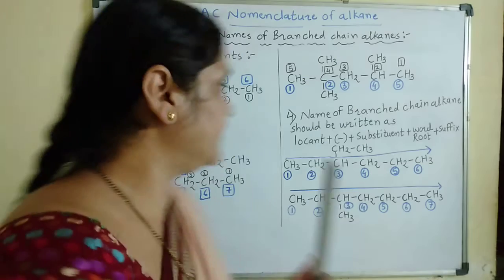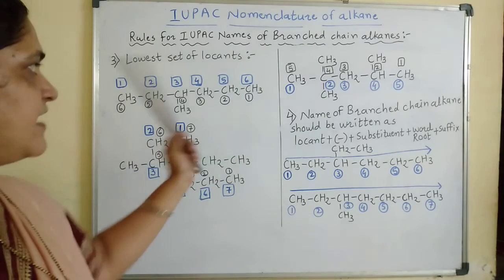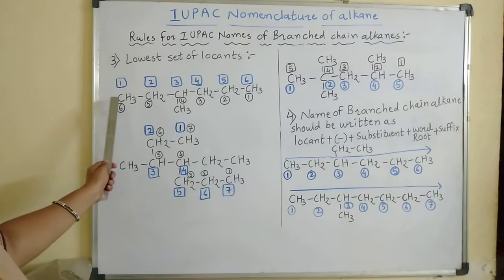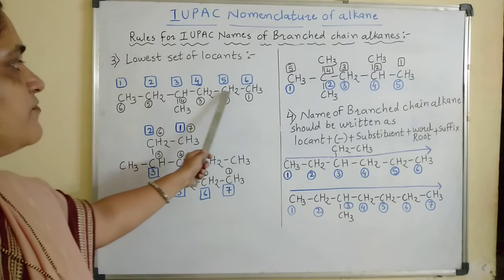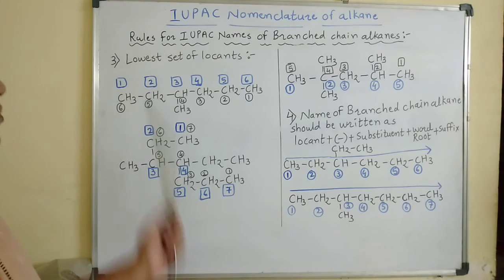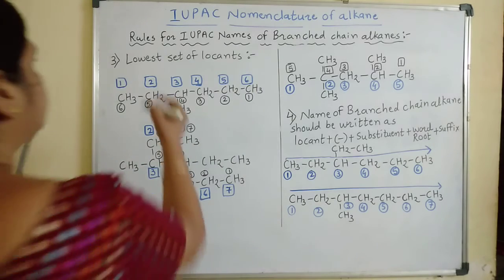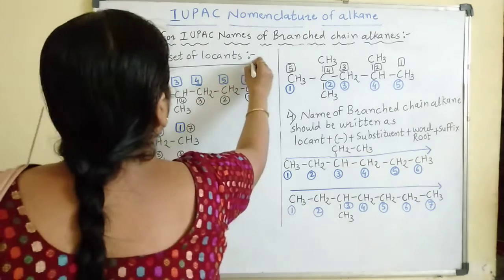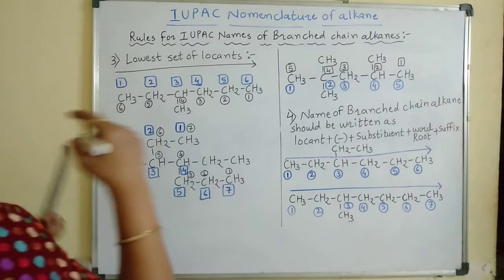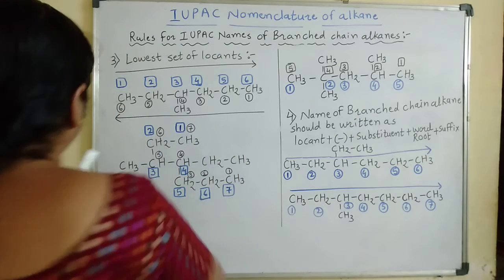Now let us see here. This is the one carbon chain I have selected. Now 1, 2, 3, 4, 5 and 6 carbon atoms are present in the chain. You can do numbering from left hand side to right hand side in this way, or you can do numbering from right hand side to left hand side in this way also.